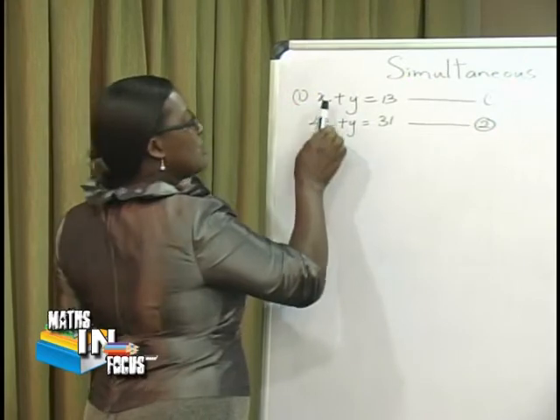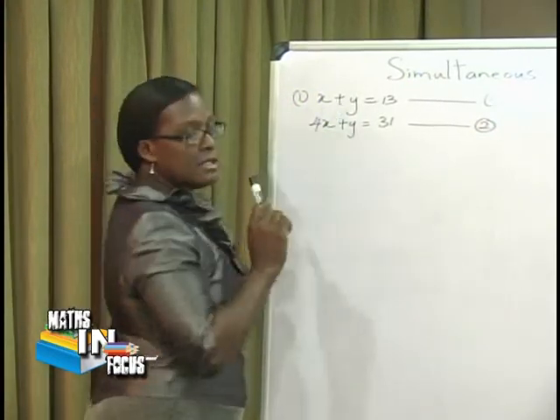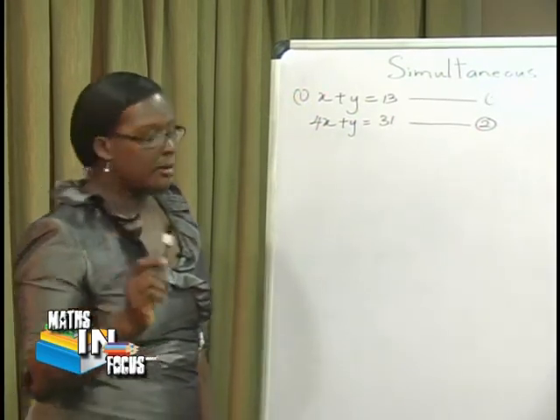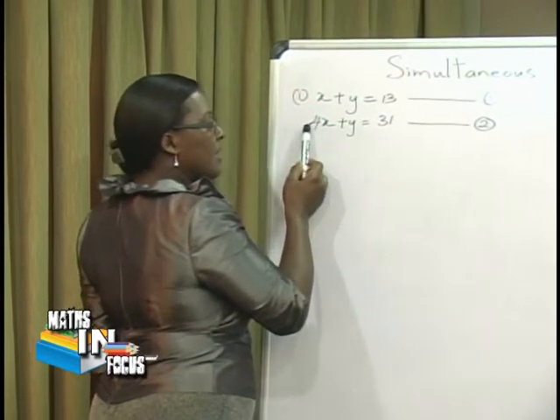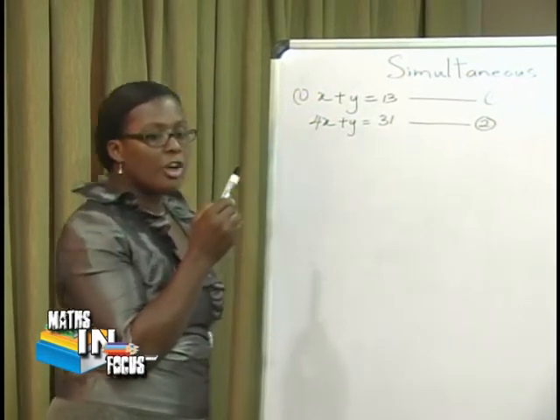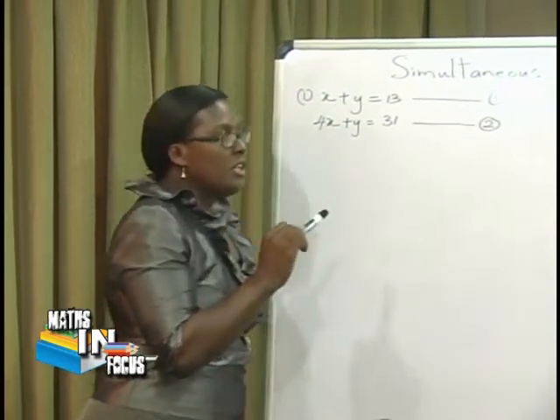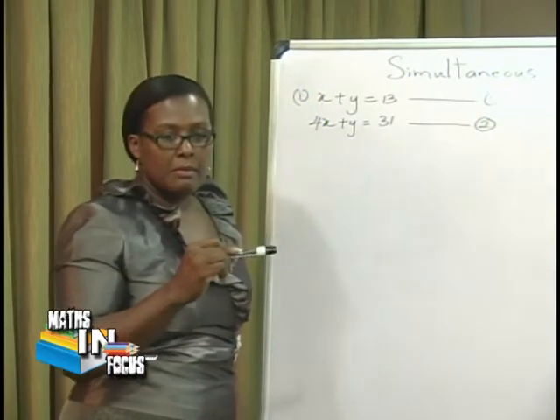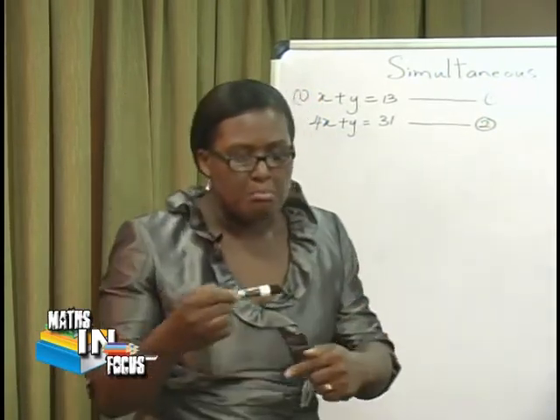Now, let us look at equation 1. In both variables, the coefficients are 1. In the second equation, the coefficient of the x is 4 and the coefficient of the y is 1. Now, we want to apply the substitution method here. So we have to understand, what does substitute mean?